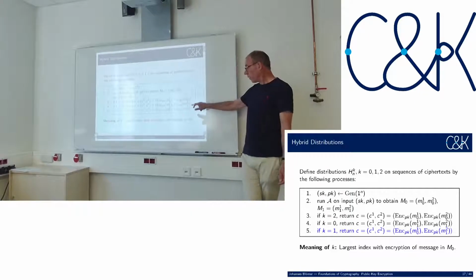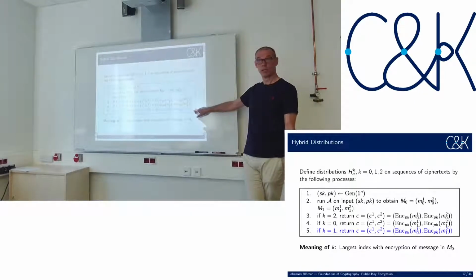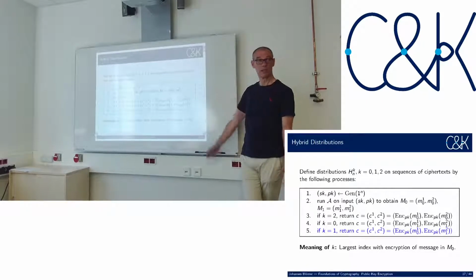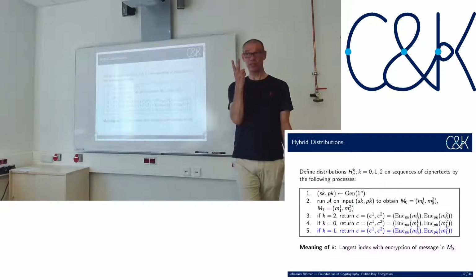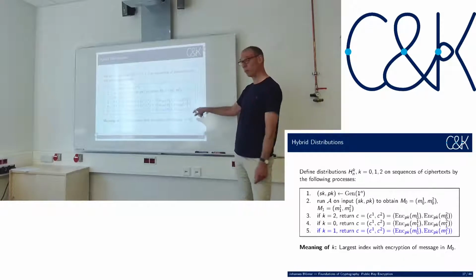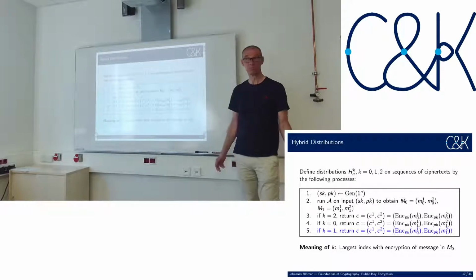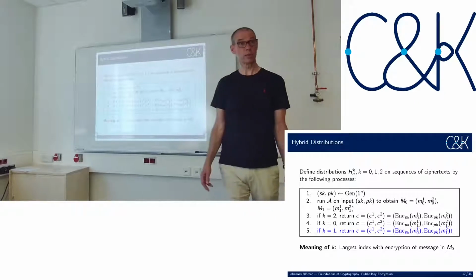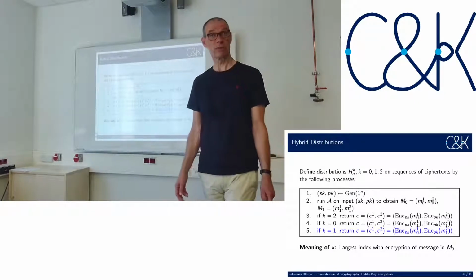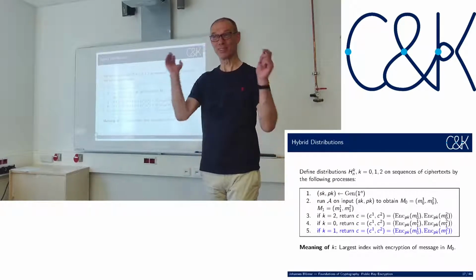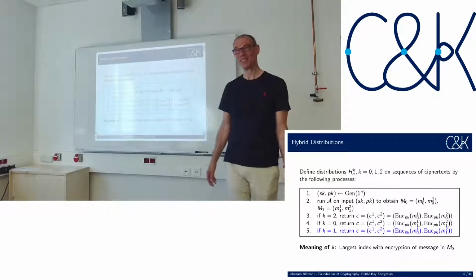So this and this are indistinguishable. This and this are indistinguishable. But if two things are indistinguishable via some intermediary, then these two things should also be indistinguishable. If yellow is indistinguishable from green and green is indistinguishable from red, then what did I start with? Yellow is indistinguishable from red, or whatever.